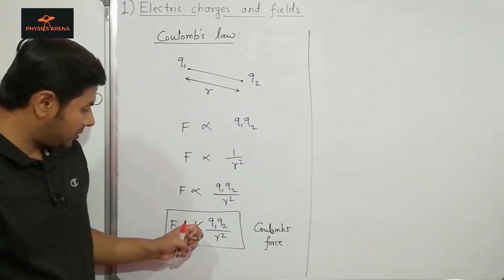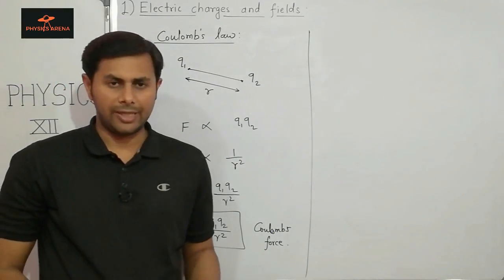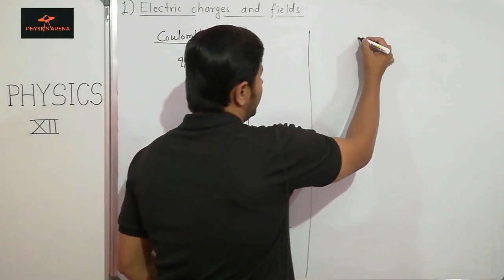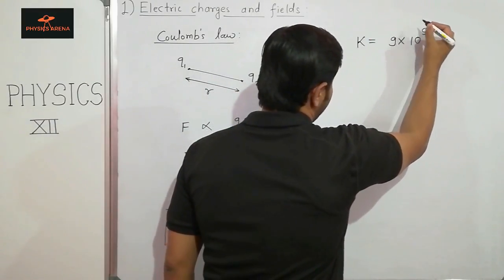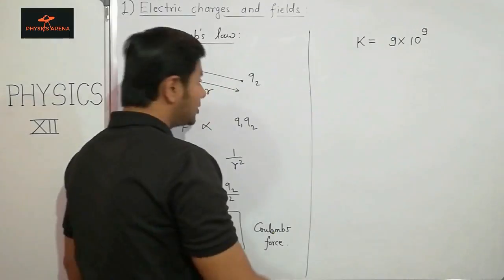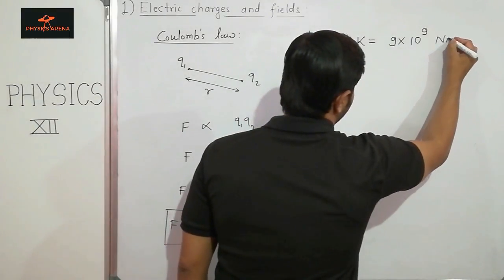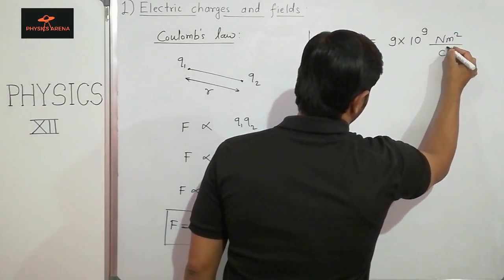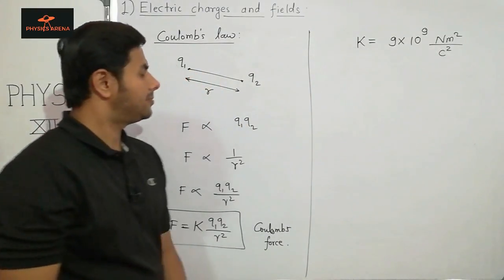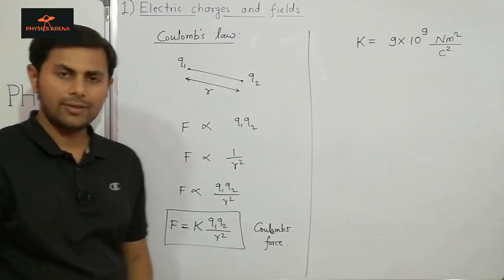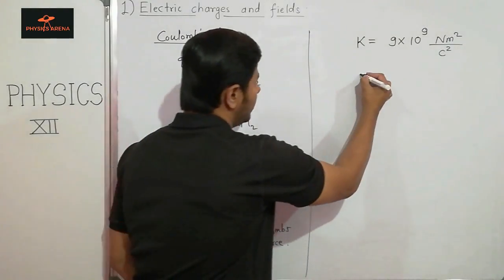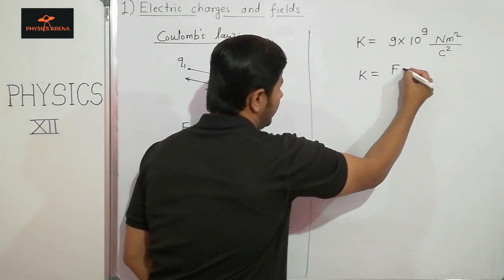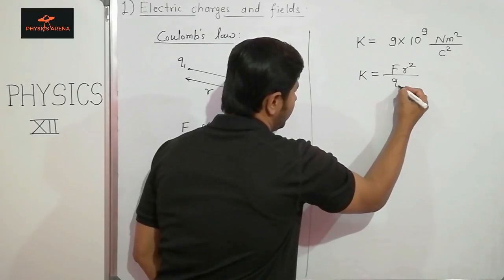Now we know the value of this K experimentally. K is equal to 9 multiplied by 10 raised to 9, and the unit is newton meter squared divided by coulomb squared. As you can check, we can write K as F R squared divided by Q1 Q2.